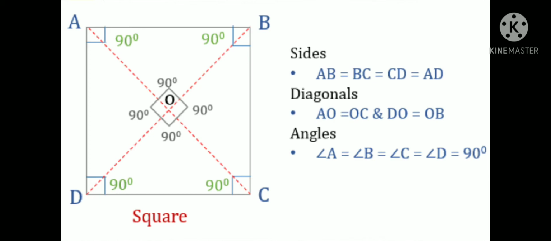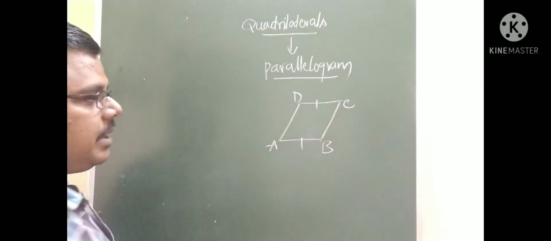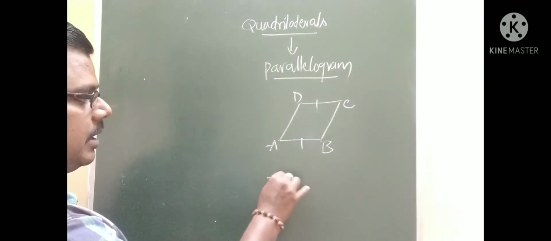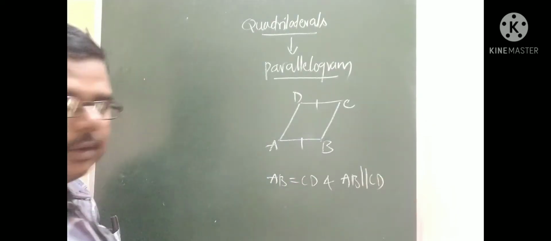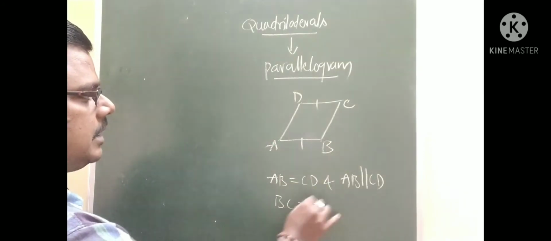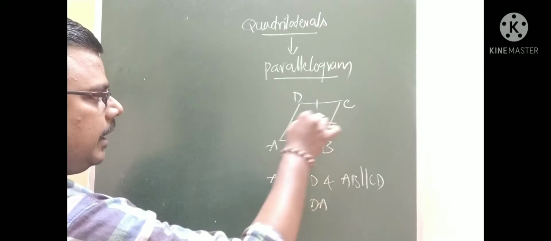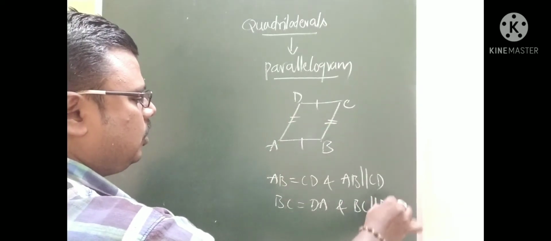In a parallelogram we have two pairs of opposite sides that are parallel and equal. That means the opposite sides AB and CD: AB is equal to CD, and at the same time AB is parallel to CD. Next, opposite side BC is equal to DA, and at the same time BC is parallel to DA. So that is why we said that in a parallelogram two pairs of opposite sides are equal and parallel to each other.